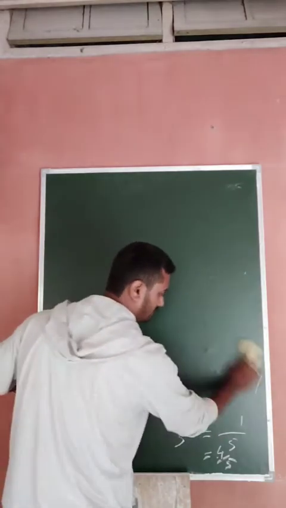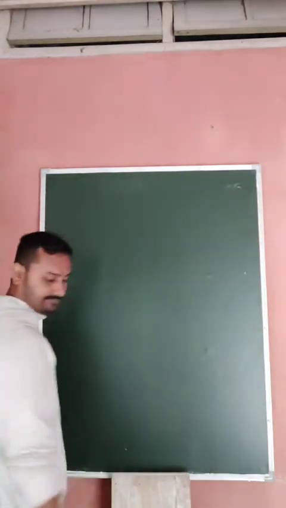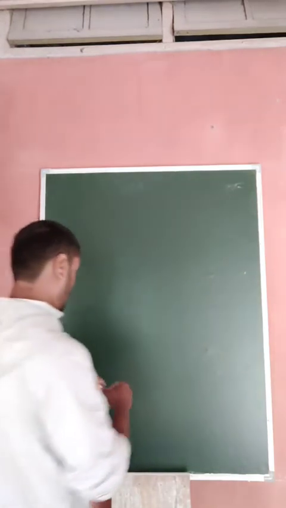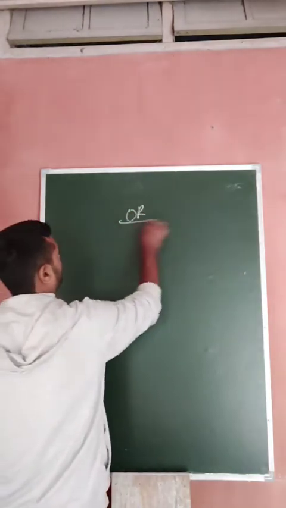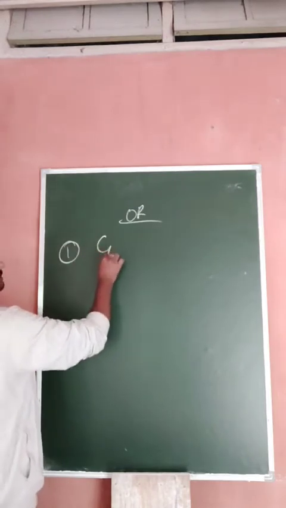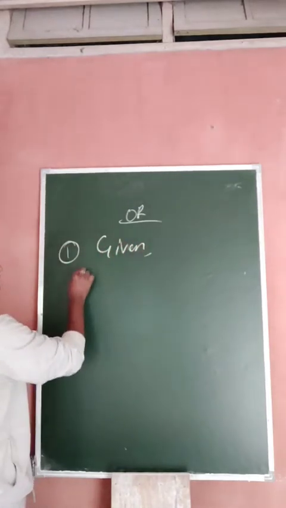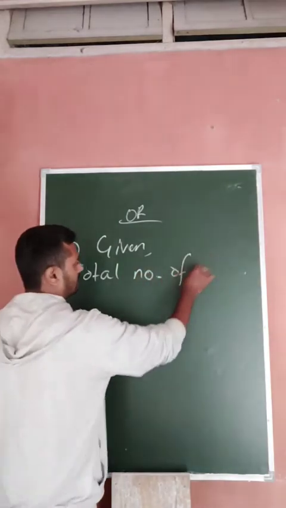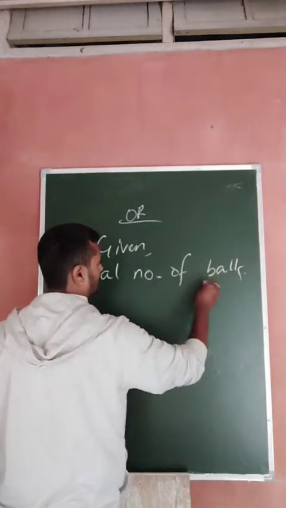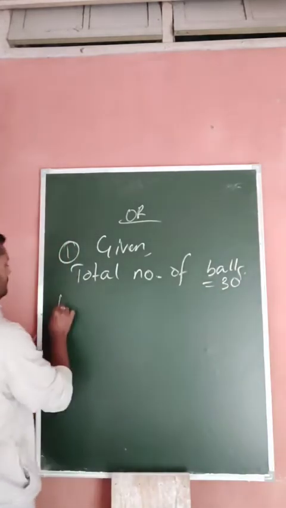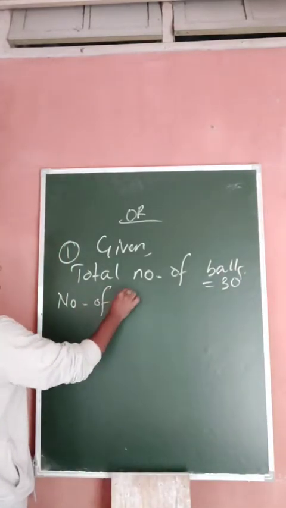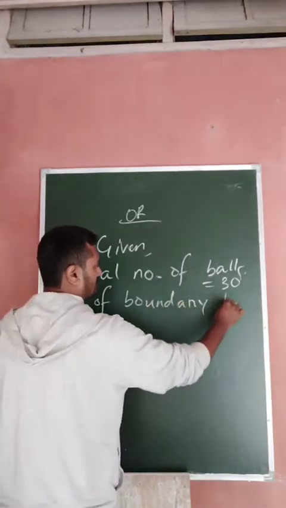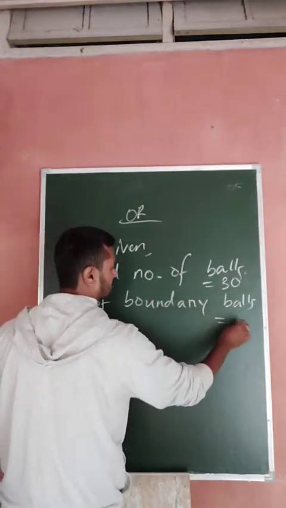Let us solve it this way also. Given, total number of balls is 30, and the number of boundary balls is 6.